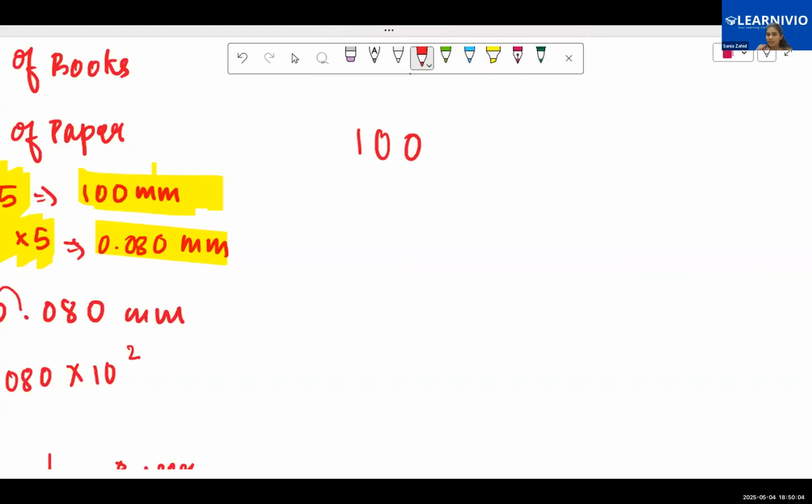First you write 100, then 0.080. Is there any decimal place for 100? No. So what can I do? I can just put 000 as decimal, because here there are 3 decimal places. So after decimal, there are 3 numbers which are 080, and then you write 0 over here, and then you add these numbers. What do you get?